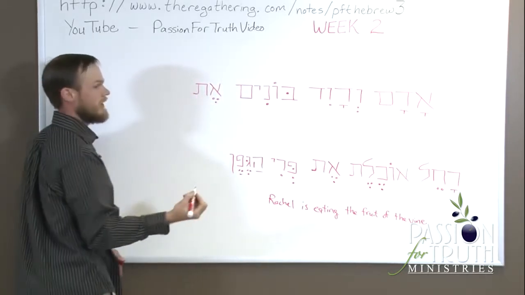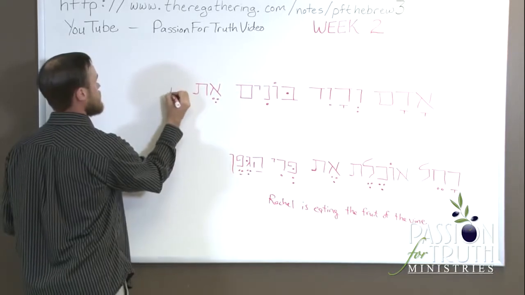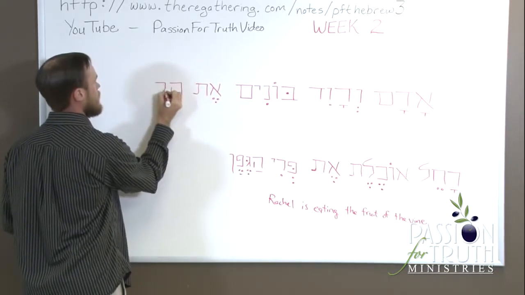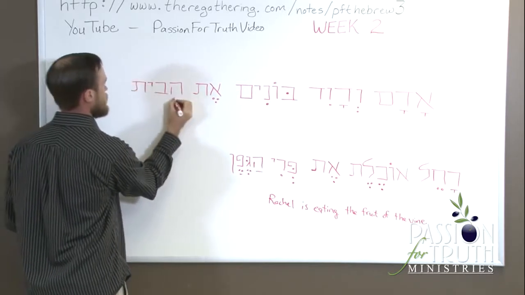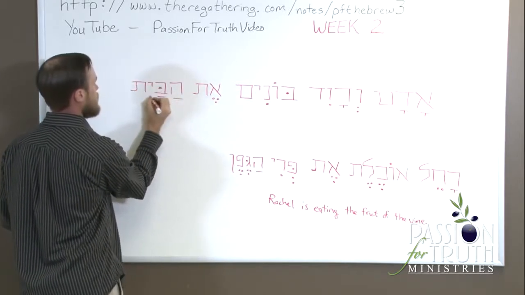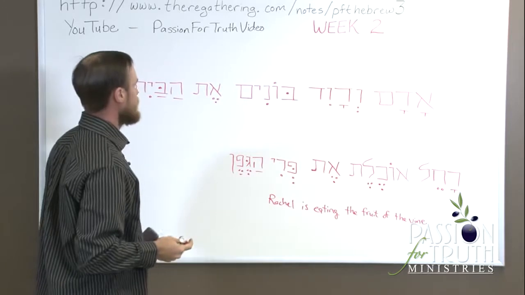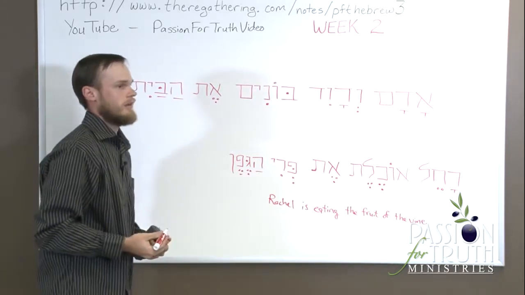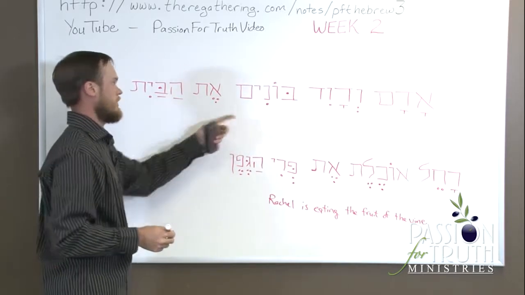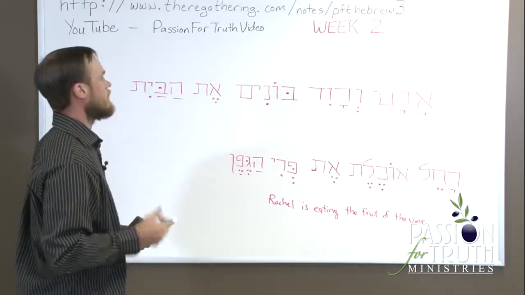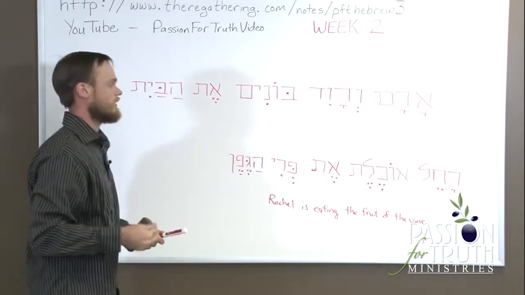And a house, bayit, or the house, habayit. I'll just say the house just for fun. Okay, so Adam v'David bonim et habayit. Adam and David are building the house.